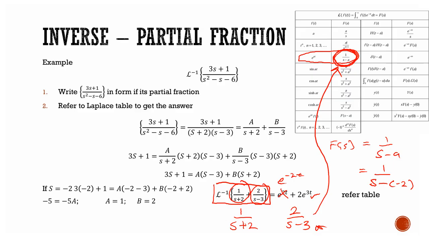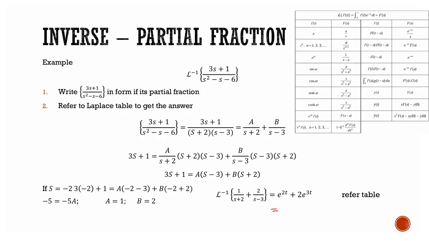So the final answer for this should be e^-2t plus 2e^3t. There's a slight mistake in this answer, so the final answer would be this one.